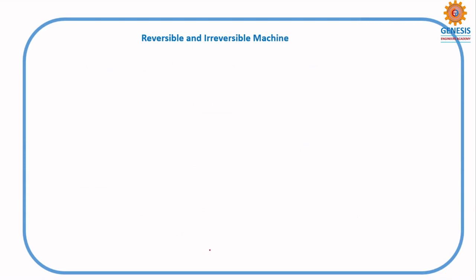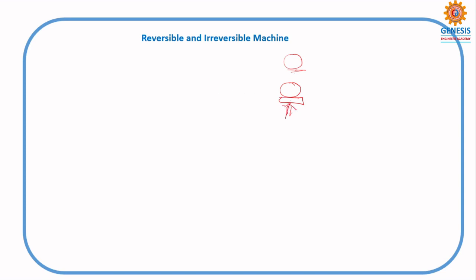Now, reversible and irreversible machines. So what is a reversible machine? Suppose you lift the load by a machine. If it is to be lifted up, you have to apply the effort.